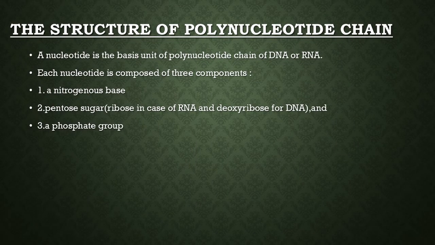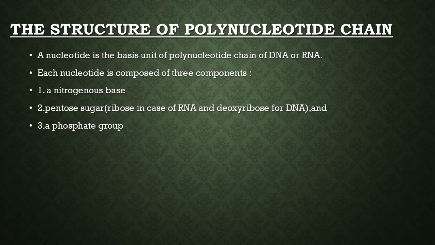Now, the structure of polynucleotide chain. A nucleotide is the basic unit of polynucleotide chain of DNA or RNA. Each nucleotide is composed of three components: a nitrogenous base, a pentose sugar, ribose in case of RNA and deoxyribose in case of DNA, and a phosphate group.